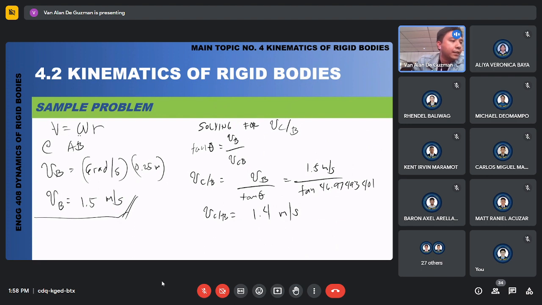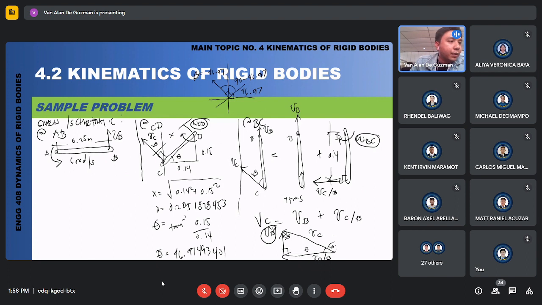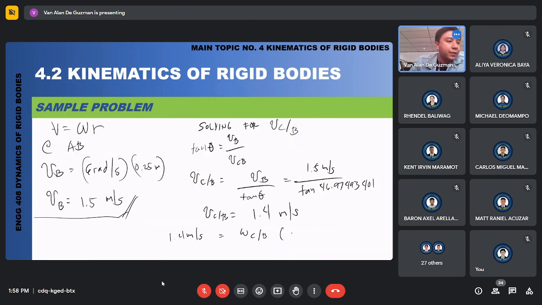Ito yung kailangan natin. So we have 1.4 meter per second is equal to yung ating hinahanap na angular velocity ng C relative to B times, ano ba yung radius natin dyan? The radius natin for this one is 0.4 meters. So ano yung lalabas natin dyan? We have 1.4 over 0.4.